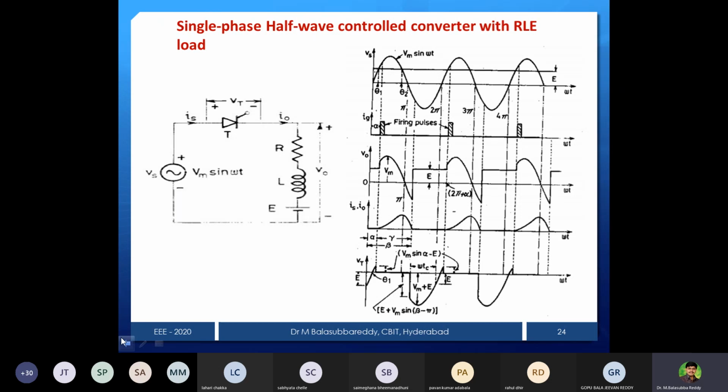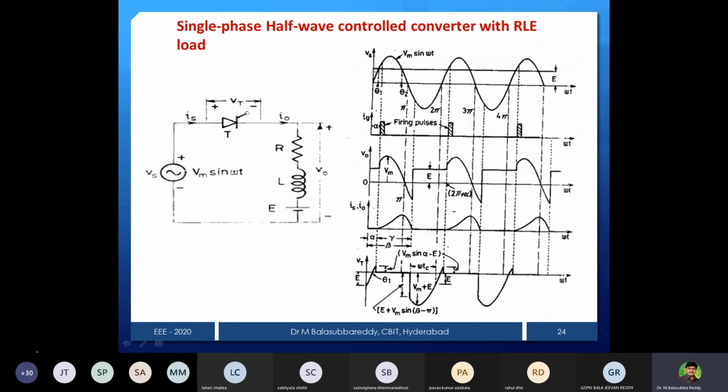It is not beyond pi. From pi onwards, whatever energy is stored in the inductor is going to be dissipated. During the dissipation time, the current gradually decreases. That is the reason I always represent, in the RL load case, the current gradually rising up to pi and then decreasing gradually.